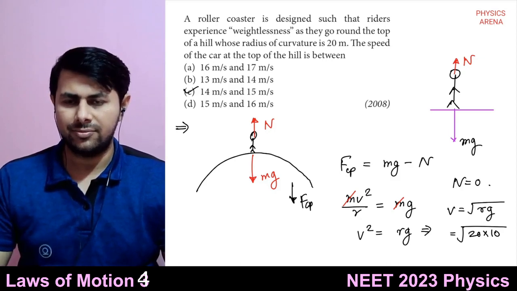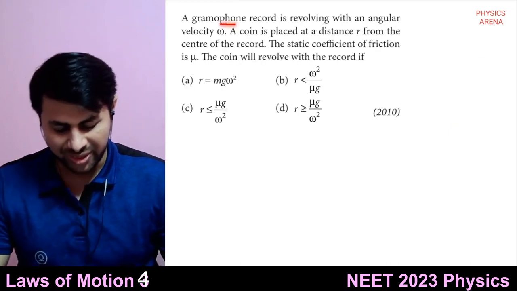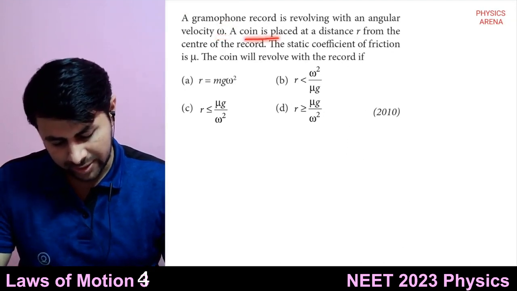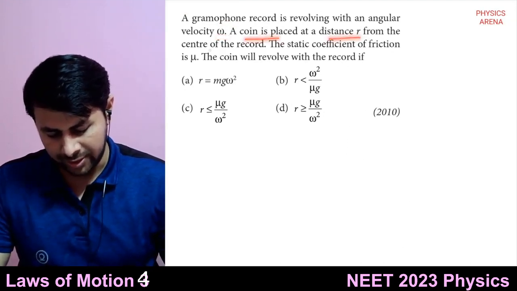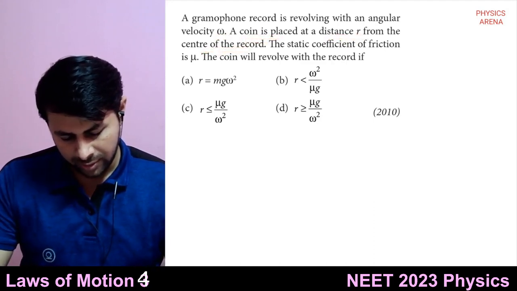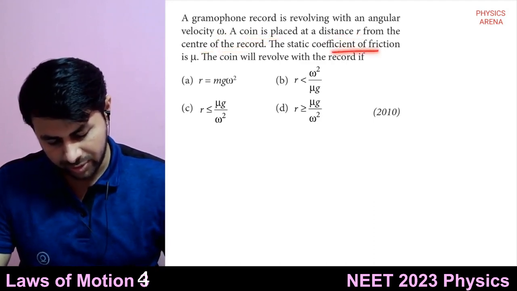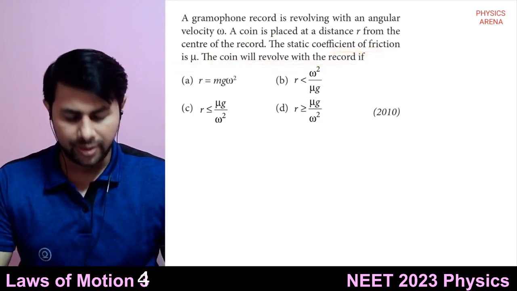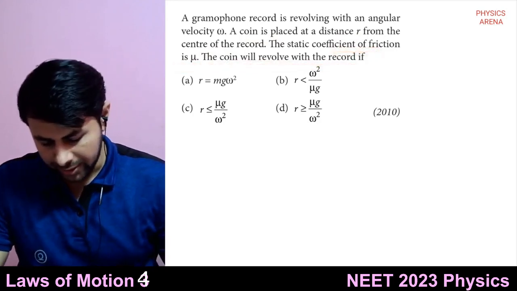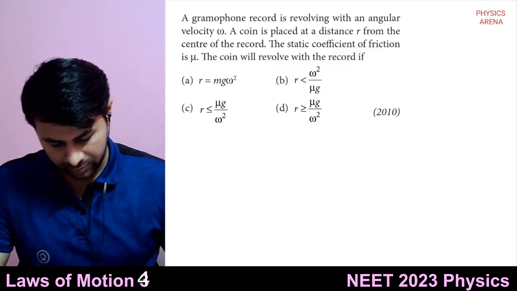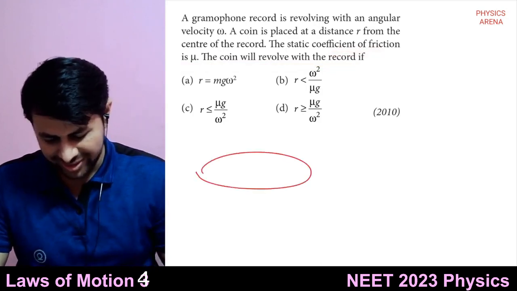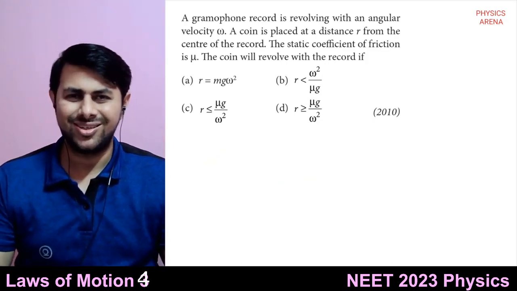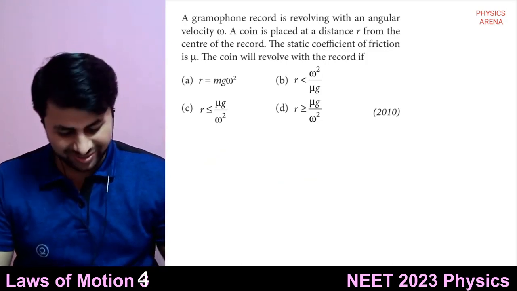Is this clear? A gramophone record is revolving with angular velocity omega. A coin is placed at a distance r from the center of the record. The static coefficient of friction is mu. The coin will revolve with the record if. Alright, so gramophone. Do you know gramophone? Nowadays you can either see it in movies or in museums.